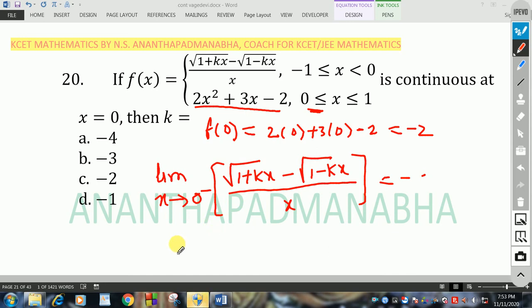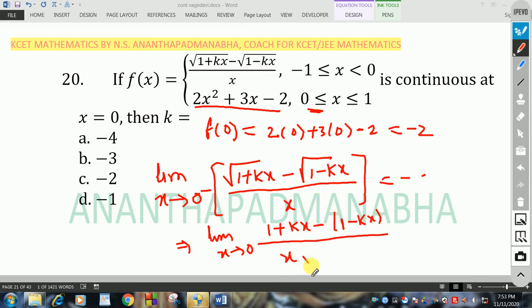So I will multiply and divide by root of 1 plus kx plus root of 1 minus kx. So you get limit as x tends to 0 of 1 plus kx minus of 1 minus kx. Root will be eliminated. A plus b into a minus b is a square minus b square. In the denominator, you will get x into root of 1 plus kx plus root of 1 minus kx.